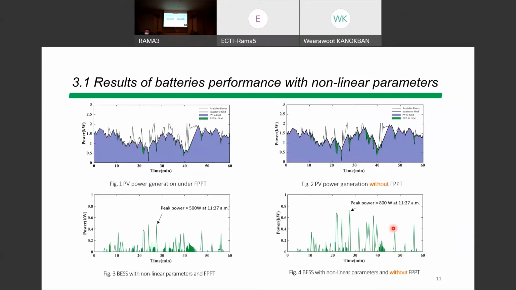FPV operation with BESS: figures 1 and 2 show the PV power generation profile on February 2022 from 11 a.m. to 12 p.m. The PV actual radiant profile is supplied at the input to the PV system. Comparison of FPV operation with BESS and operation without FPV is conducive to better understand the battery's response to the FPV.